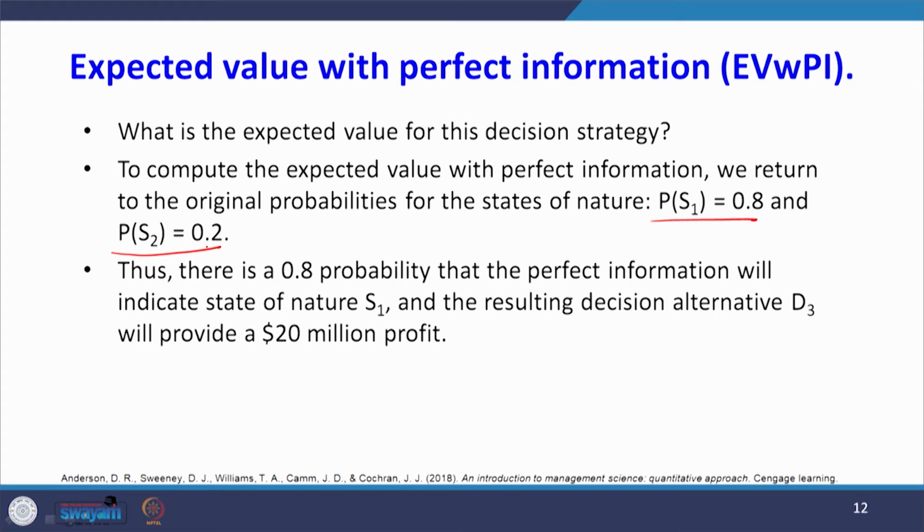Thus, there is a 0.8 probability that the perfect information will indicate state of nature S1, and the resulting decision alternative D3 will provide a 20 million profit.